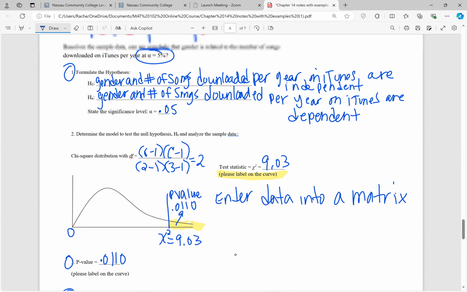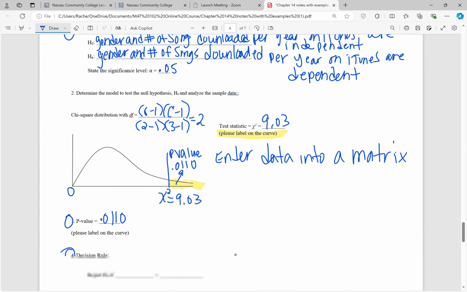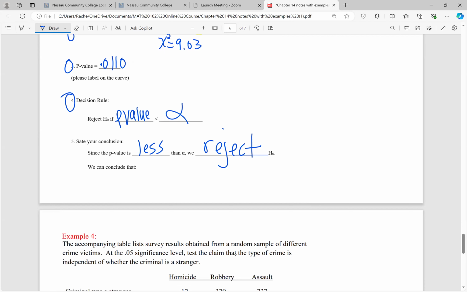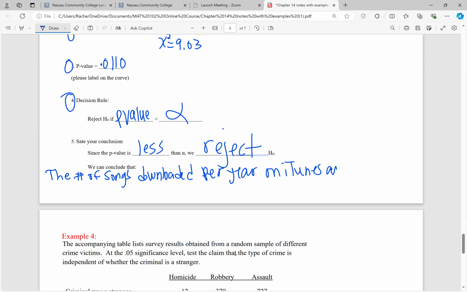And the alternative is that the two classifications are dependent. So gender and the number of songs downloaded on iTunes per year are dependent. So we can conclude that the number of songs downloaded per year on iTunes and gender are related or dependent.